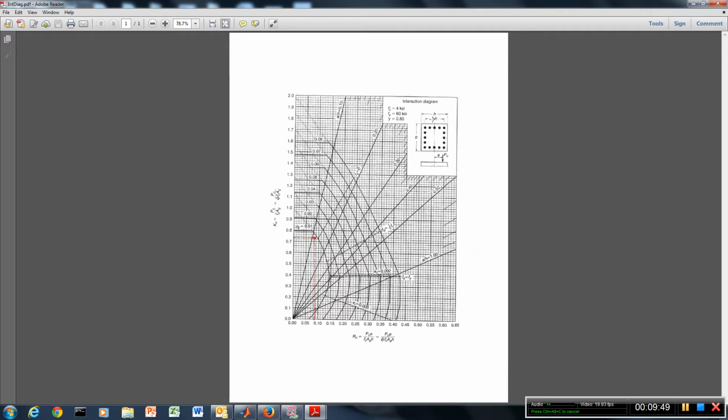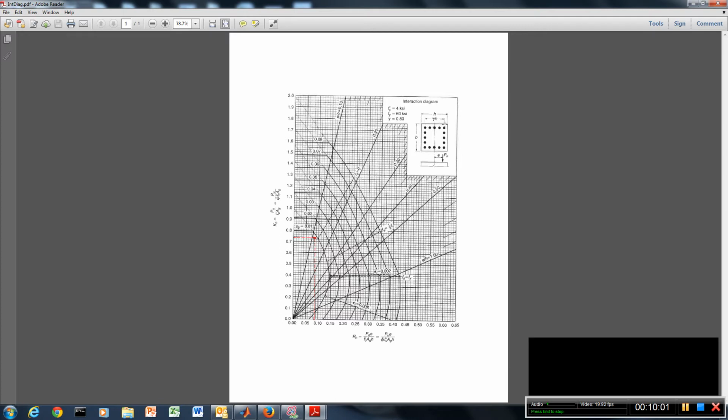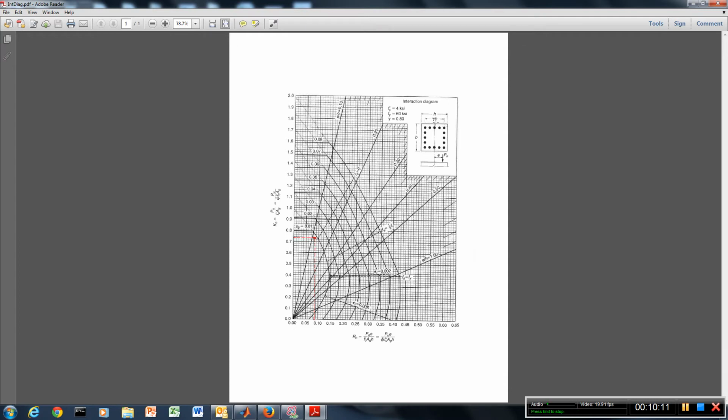And gamma is basically the decimal percentage of H. Basically that means from the center of this bar to the center of this bar is gamma times H. And so we have the center to center bar distance is gamma H.